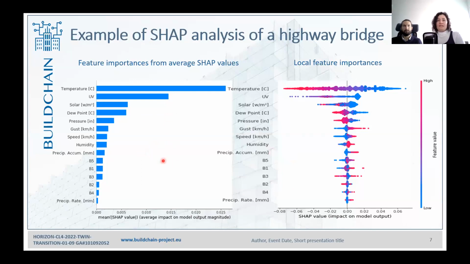This is an example for a bridge in Slovenia that we did together with ZAG and the Ljubljana University. In this example, what we measured were the frequencies of cables, of pre-stressed cables. And here you can see the global explanation model.